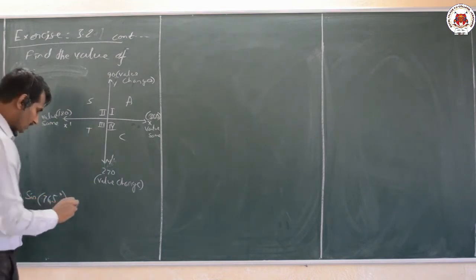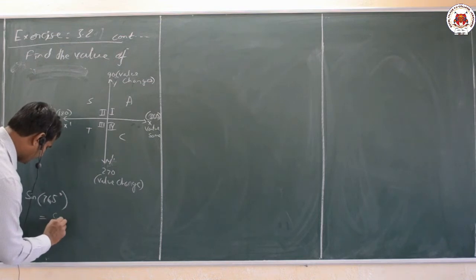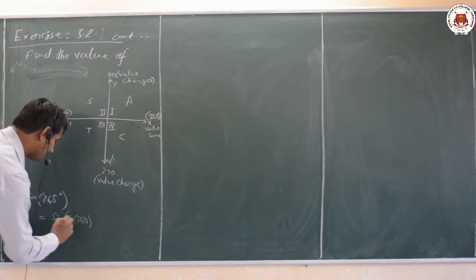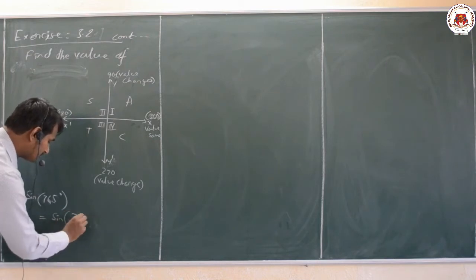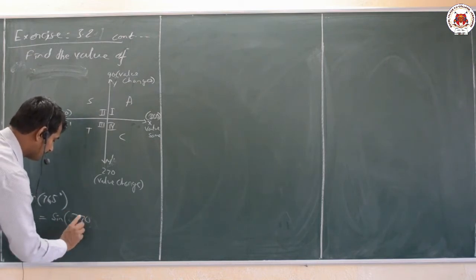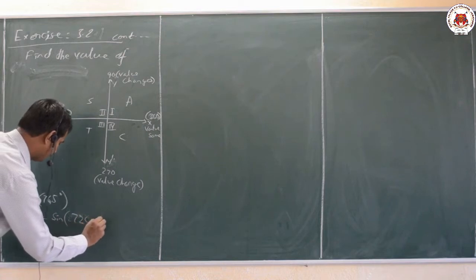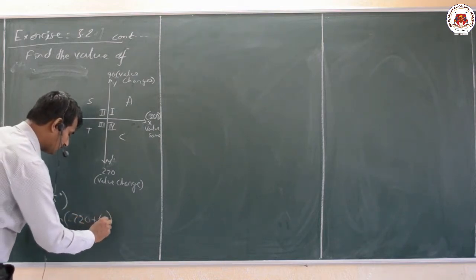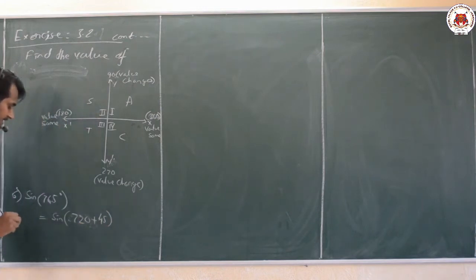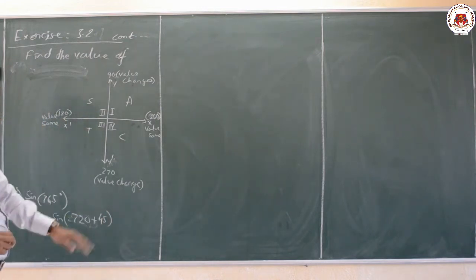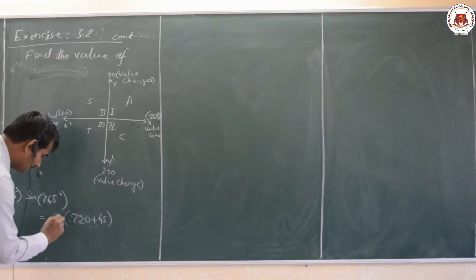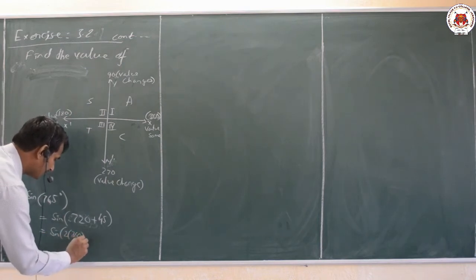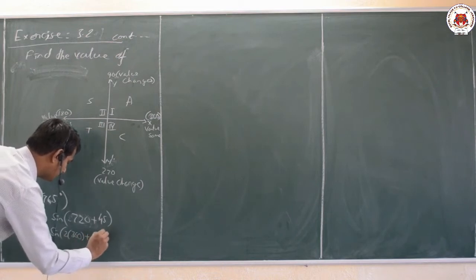Now here we can write it as sine of 2 into 360, that is 720, plus 45. So sine of 765 is sine of 720 plus 45, that is sine of 2 into 360 plus 45 degrees.